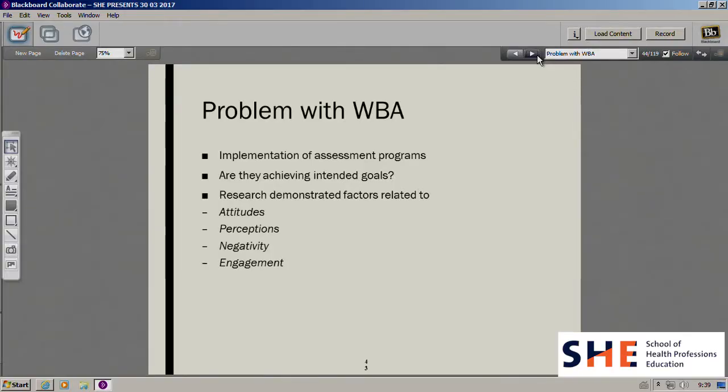However, what we know in the literature so far, there are some issues with the implementation of workplace-based assessments. And there is some criticism about how it should be working and whether they are really achieving their intended goals. Some research has demonstrated factors that are related to, for example, attitudes of the different stakeholders towards these workplace-based assessments, their actual perceptions, and how their perceptions would affect their implementation of these assessments.